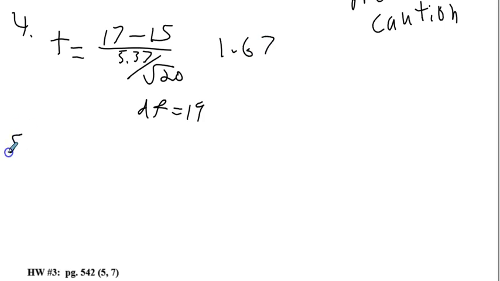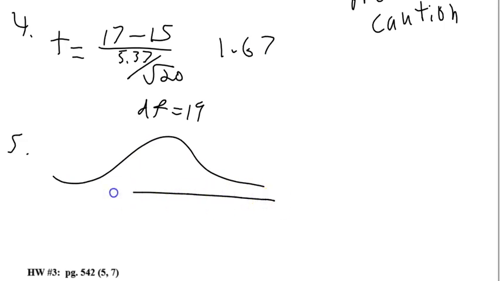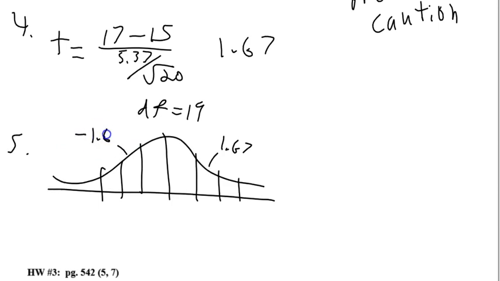Moving on to number 5. Now, remember, since this is a not equals, we're going to mark 1.67, but we're also going to mark negative 1.67 because this is a two-tailed situation.